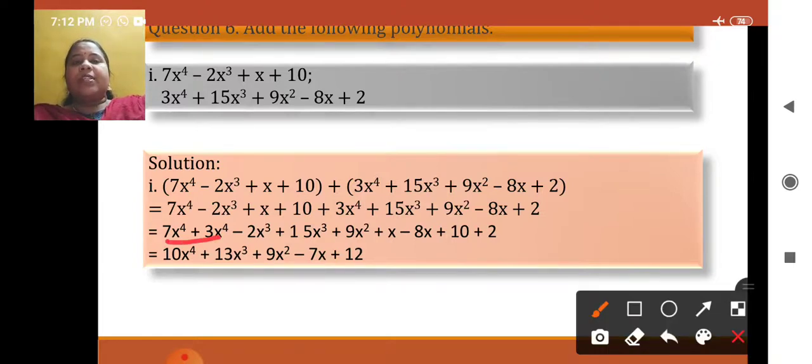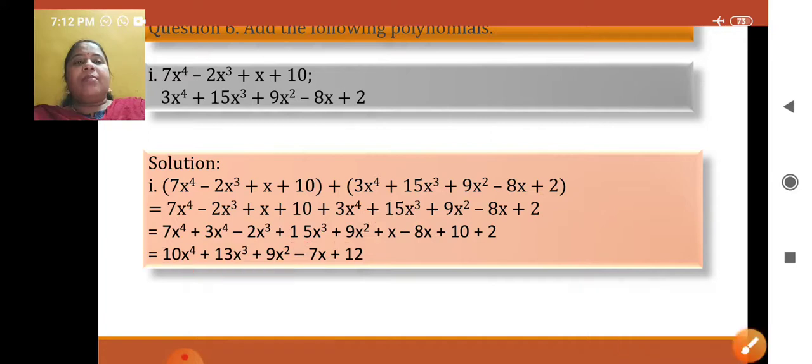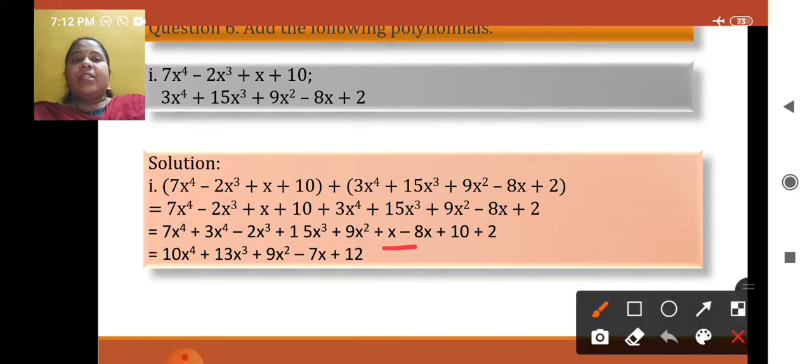Then add and subtract. 7 plus 3 is 10, so 10x raised to 4. Minus 2 plus 15: 15 minus 2 is 13, and the greater number is 15 with a plus sign, so plus 13x cube. Then 9x raised to 2 is written as it is. Next is plus x minus 8x. 8 minus 1 is 7, and 8 is the greater number with a minus sign, so this will be minus 7x, and 10 plus 2 is 12.